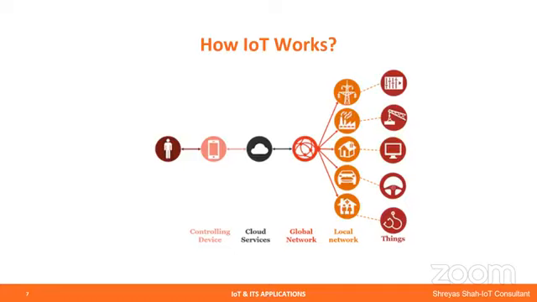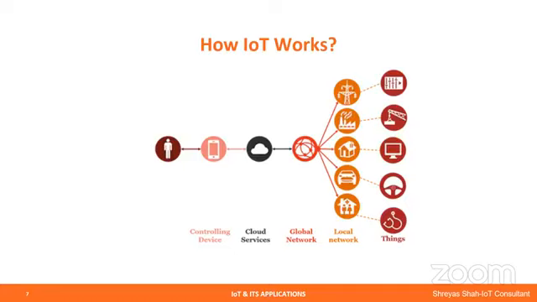I may not know, but Google Maps might know. Maps can easily tell me. So that is data aggregation, cloud services usage. Cloud services basically provide the repository and access controls between things and the controlling devices. It's the same as what I told regarding these two things.